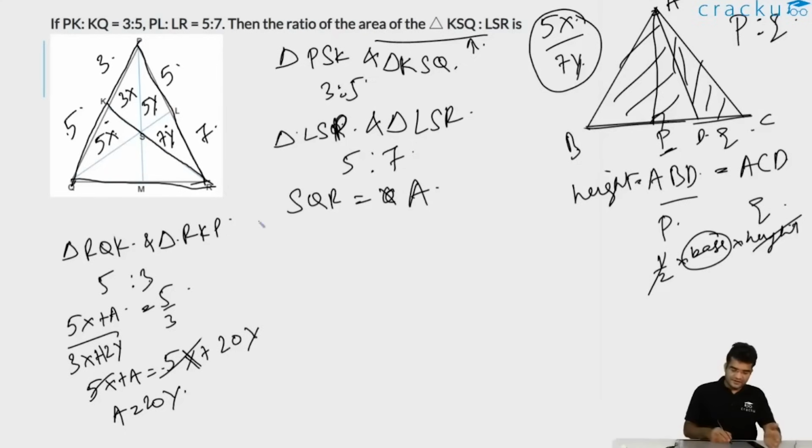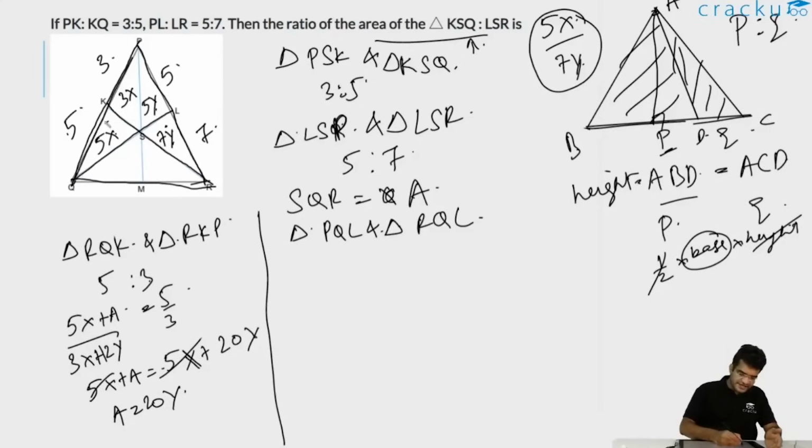We will use a similar concept again. This time we consider triangles PQL and RQL in the larger triangle PQR. The line QL divides the third side in the ratio 5:7, so the areas of these two triangles should also be in the ratio 5:7. The area of PQL is 5x plus 3x plus 5y, which is 8x plus 5y, and the area of RQL is A plus 7y.